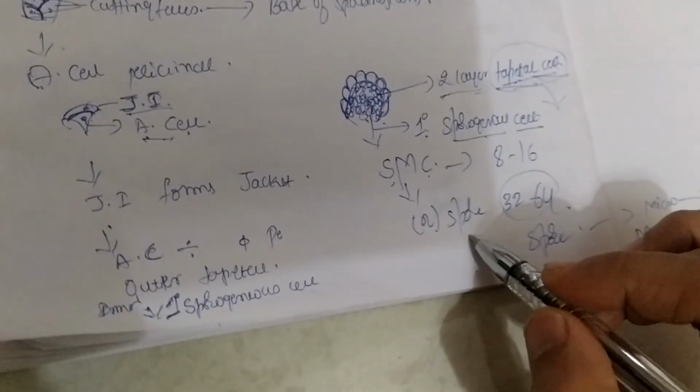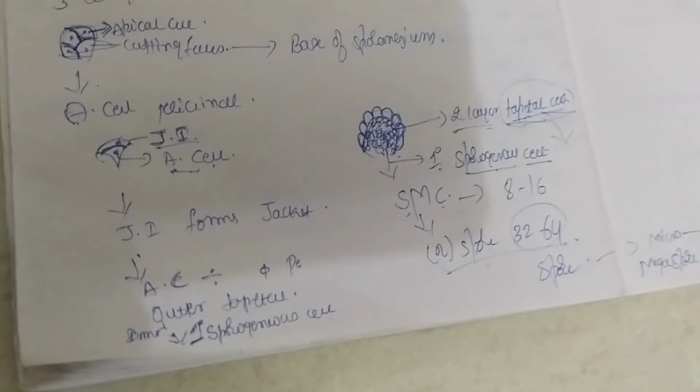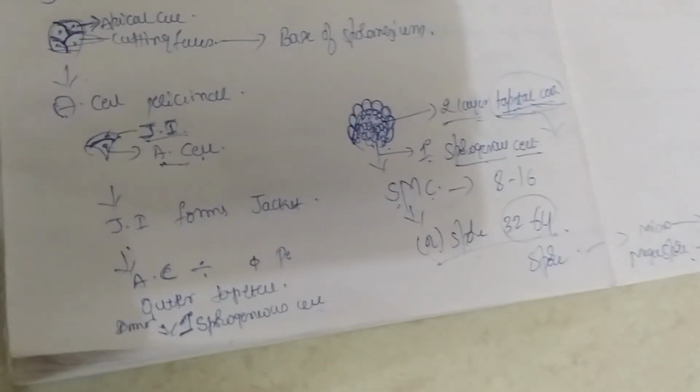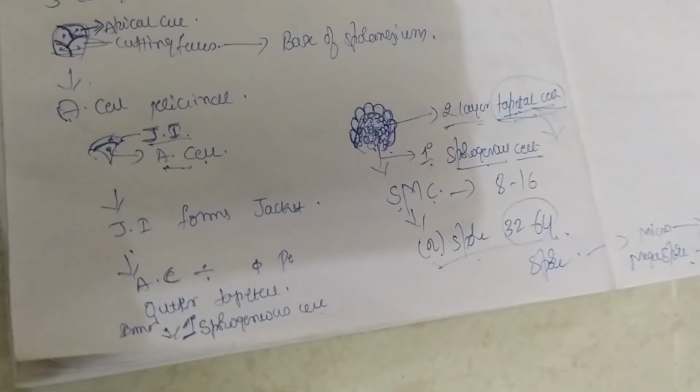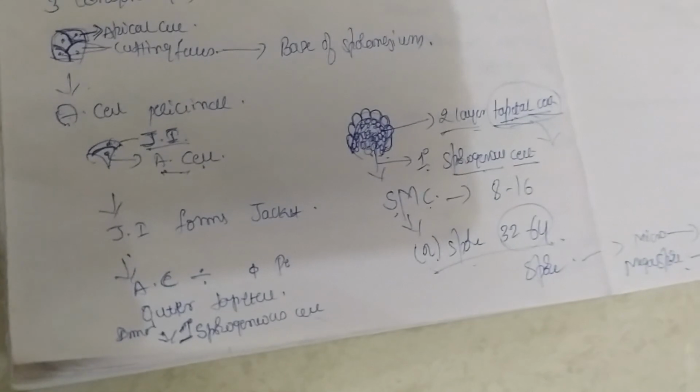So until the formation of the haploid spores, all the steps of development of sporangium are the same. The only difference is that in the case of megaspore, only one is going to be a functional megaspore and the rest are going to degenerate, whereas in the case of microspores, all are going to be functionally active.